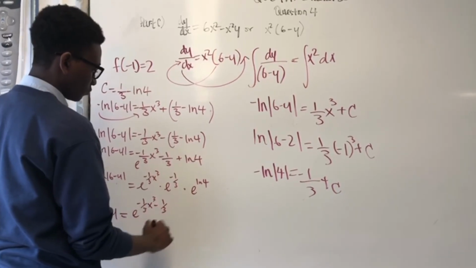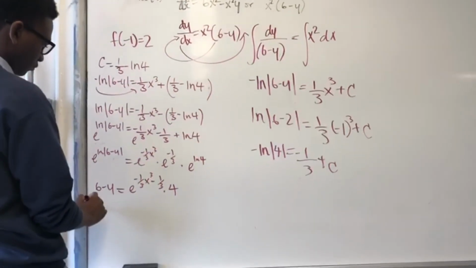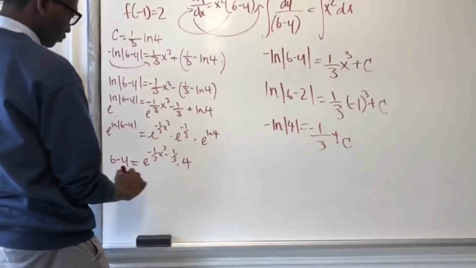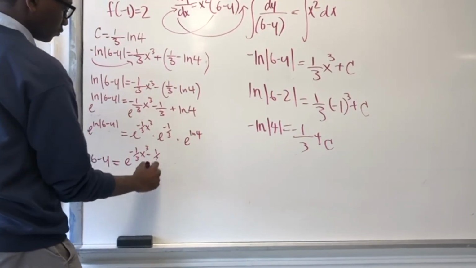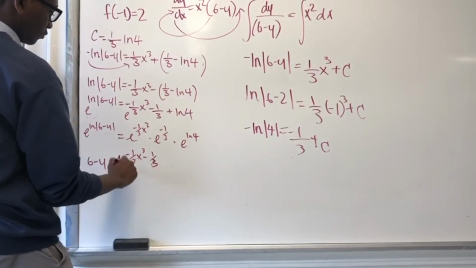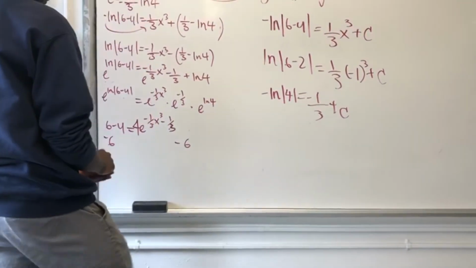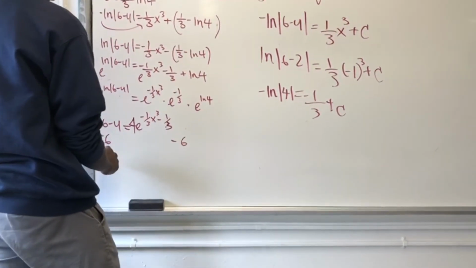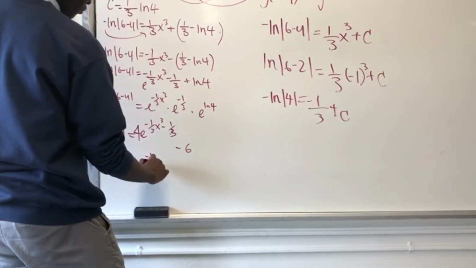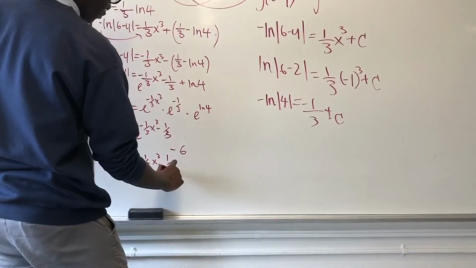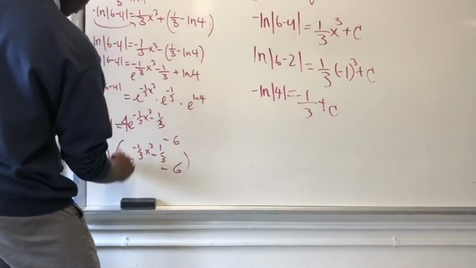Once we have that, we get 6 minus y is equal to 4 e to the negative 1/3 x cubed minus 1/3. Now we just do simple algebra to find our final answer, which should be y equals 6 minus 4e to the negative 1/3 x cubed minus 1/3. And that would give you your final answer.